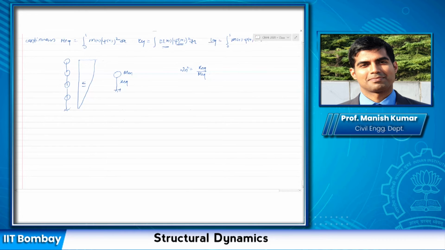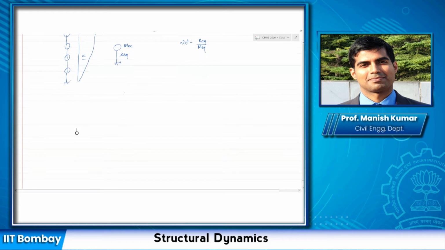Now, like what we did for the continuous system, we can also find out the peak seismic response for the discrete system. So if a response spectrum is given to me, let us say A here, or say this is D versus Tn, the procedure remains exactly similar.